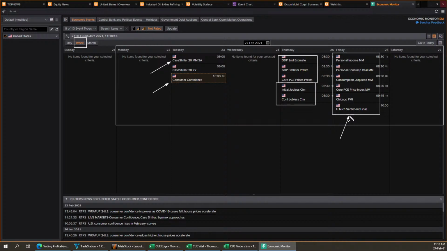So a lot of events on Friday, considerable number of events on Thursday, some on Tuesday. Nothing on Monday, nothing on Wednesday.